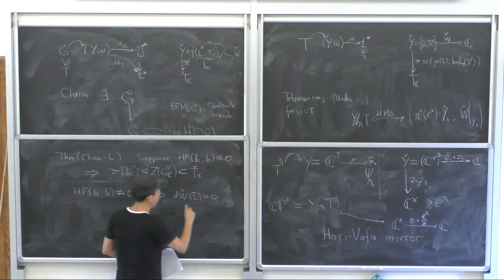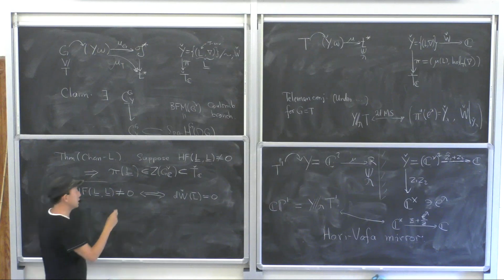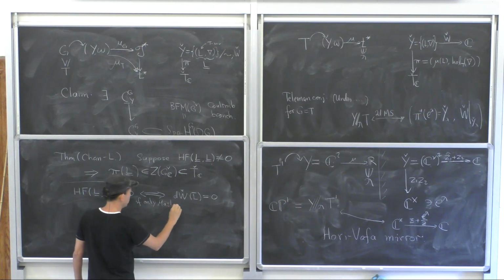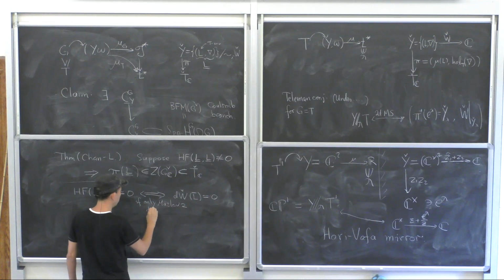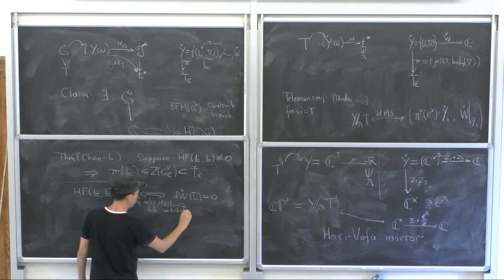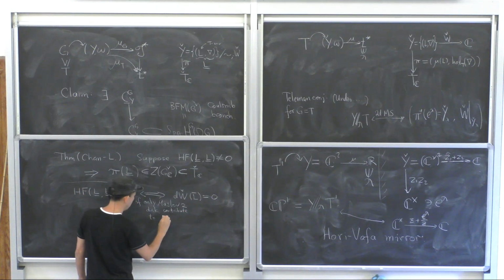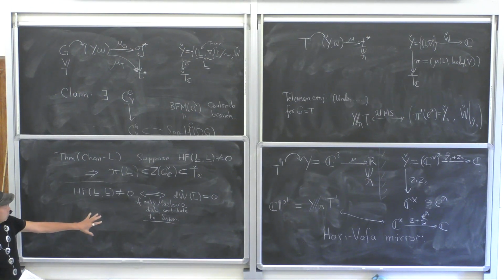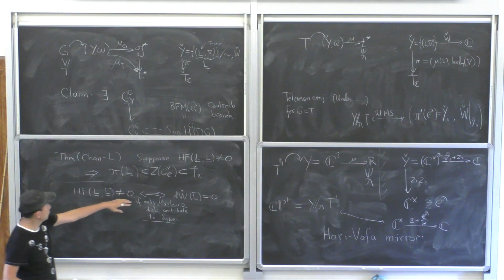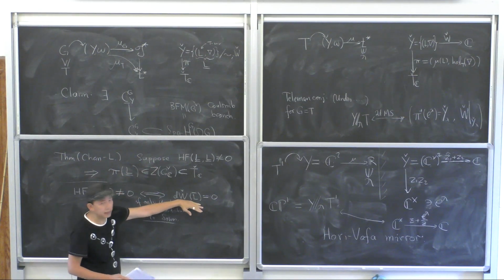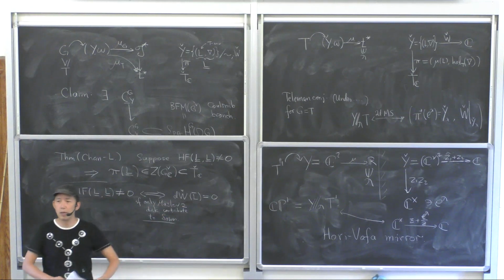L bar is a critical point of the W check if only mass of 2 disks contribute to the curve, contribute to the Floer differential. So in these good cases, like some Fano type assumptions, if that is the case, then you don't need the assumption because this is exactly what we want.